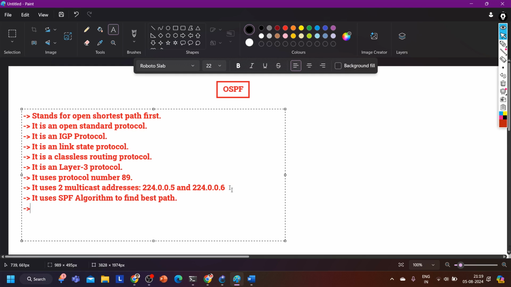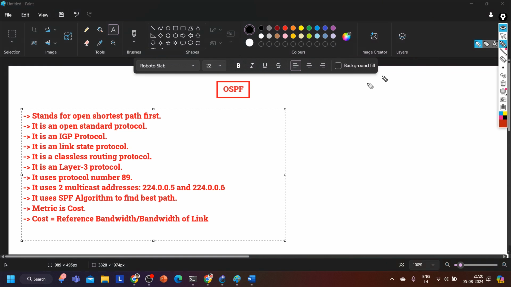Then metric calculation. The metric in OSPF is cost, and the formula to calculate cost is reference bandwidth upon bandwidth of link, right?